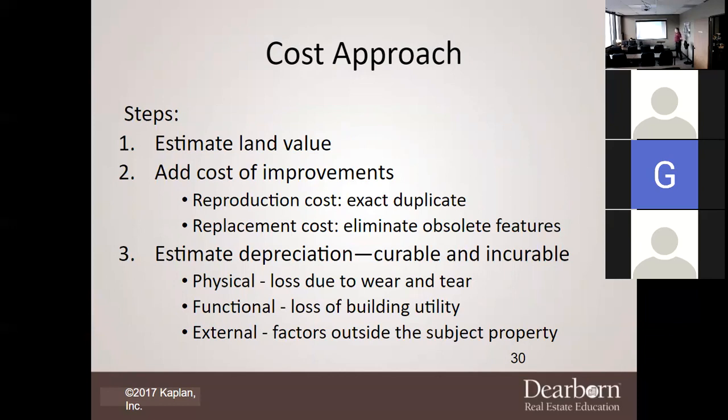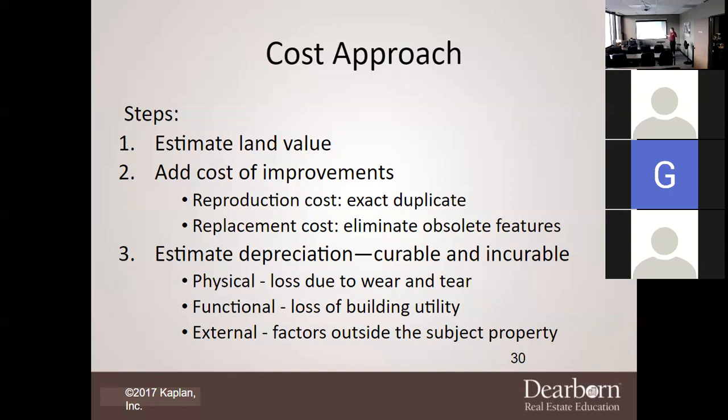No. So in that situation, what does have value still? The land. So we got to start where? The land. Okay. So we find out that the land is in a prime location, and so that land is worth $100,000. Okay. Now we need to go in and we need to add the cost of the improvements.